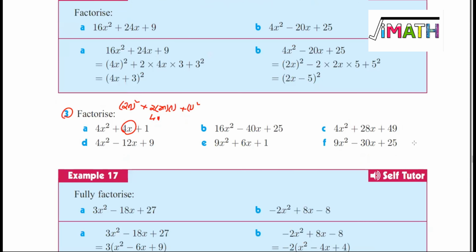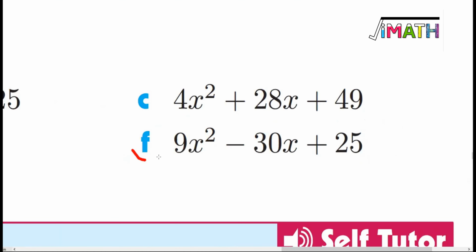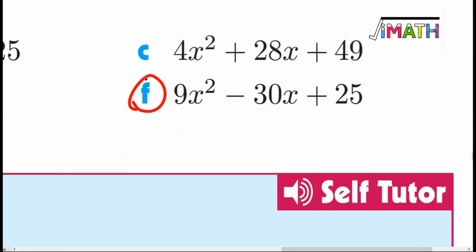Let's go with question number F. Here 3x squared we can break down into 3x whole squared, and 5 we break down into 5 squared. So inside the bracket it would be 3x minus 5 whole squared.